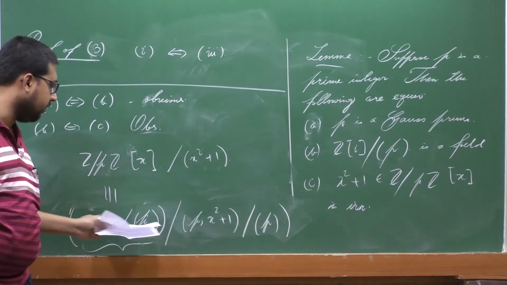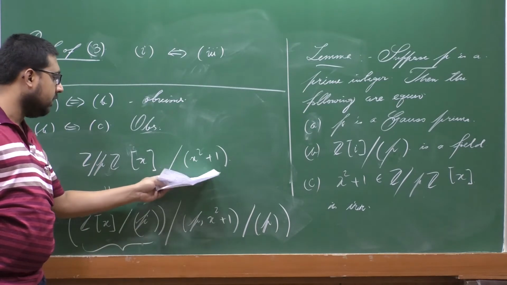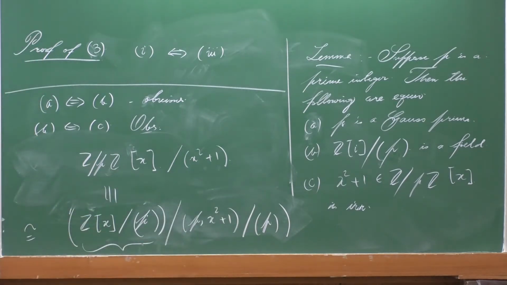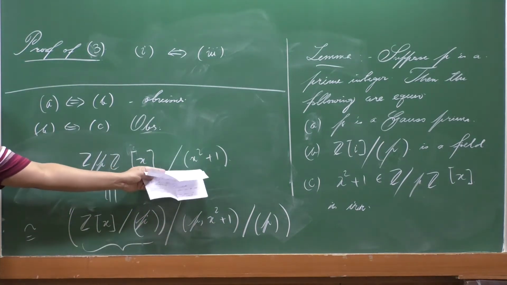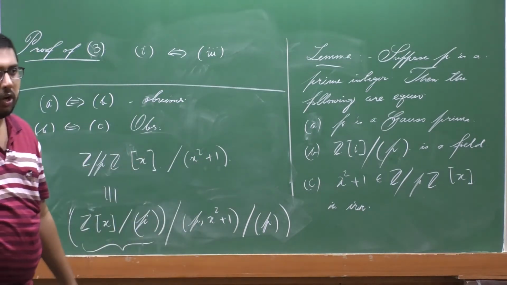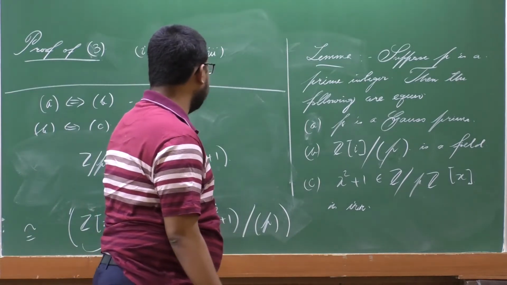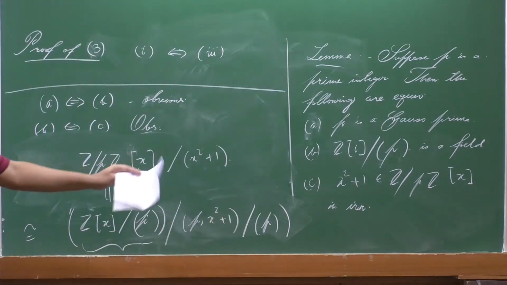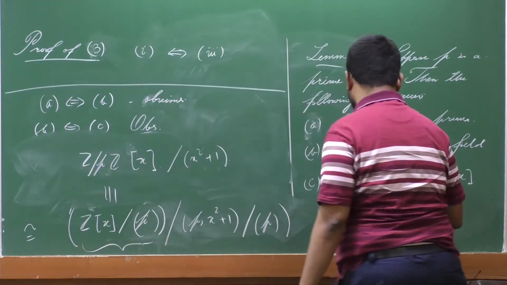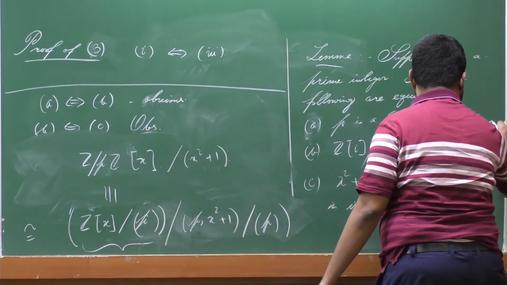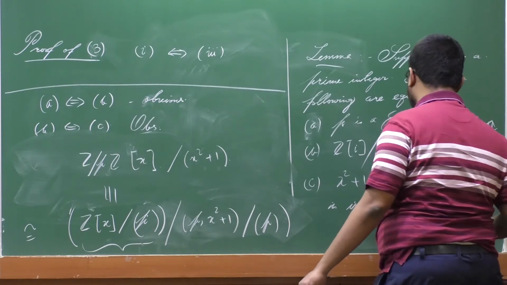So this is going to be a field if and only if this ideal is a maximal ideal, and this will be a maximal ideal if and only if x square plus 1 is irreducible, okay. So therefore the equivalence of 2 and 3 was already done, now this is also done.